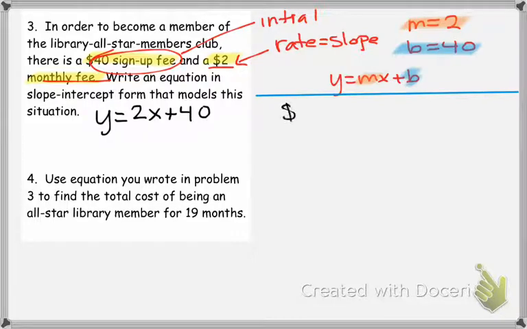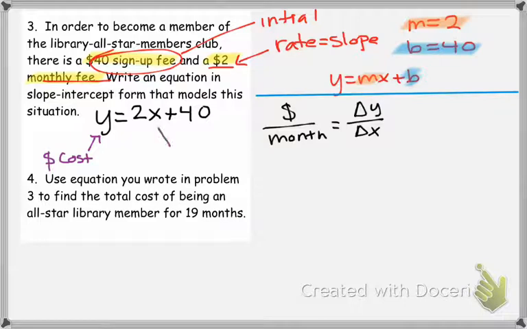So it's money per month, right? So that is our change in y over our change in x. So money is going to be our y, or the cost, and then x is going to be the month, each month.